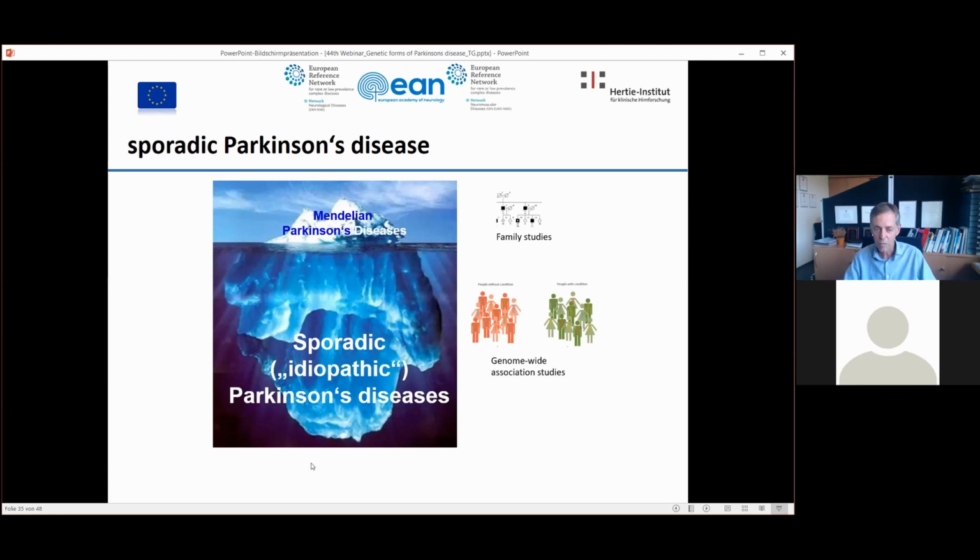Now, we cannot, of course, identify the genetic component in those sporadic cases by studying families, because there is no family history of the disease in the sporadic cases. But we can study it by genome-wide association studies, by comparing cohorts of patients with Parkinson's disease and controls.